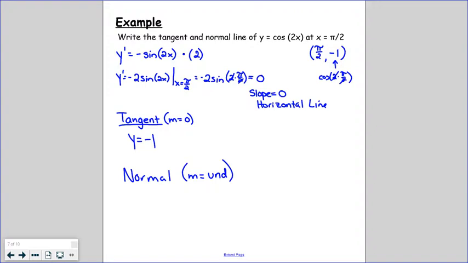Vertical lines' equations look like x equals, and it has to go through that point, so we'd be looking at the line x equals the x value of our point, pi over 2. So a good reminder on vertical and horizontal lines based on the slope, and how we write their equations. Any questions on that?